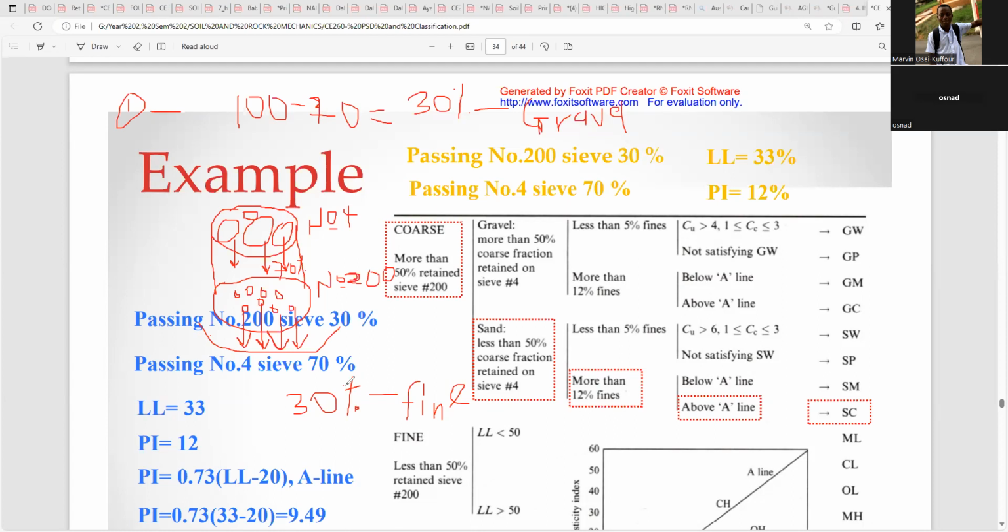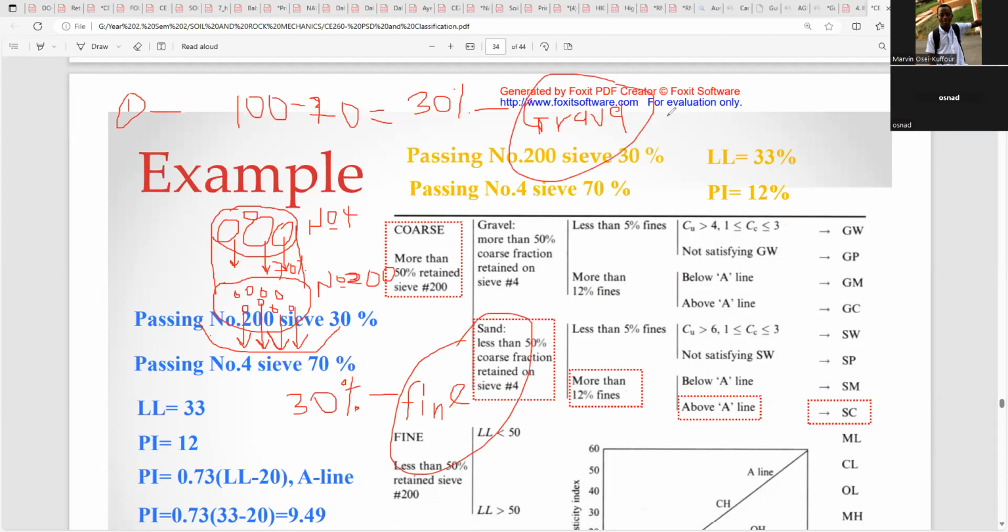Can I continue? Yes, sir. Okay. So 30% is the fine, and we have the gravel to be another 30%. And with these two, out of 100% that we are considering, we have our fine, we have our gravel.